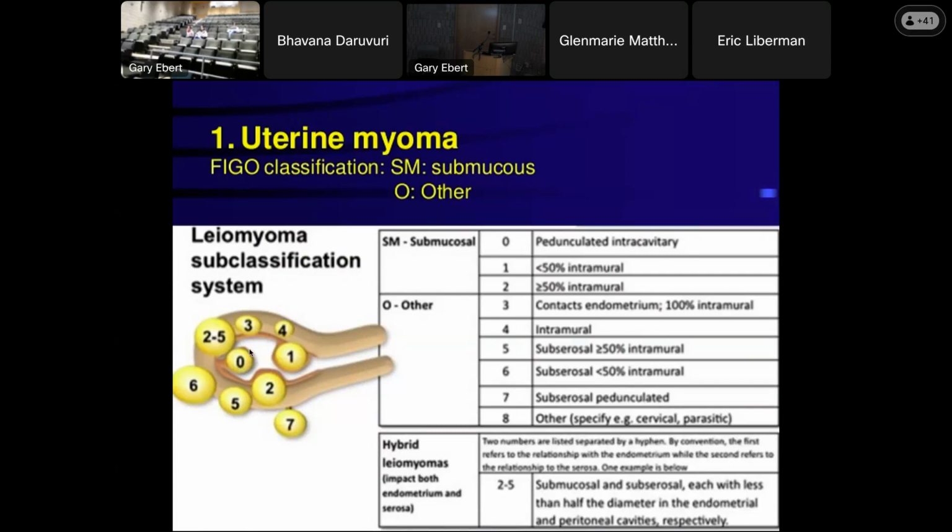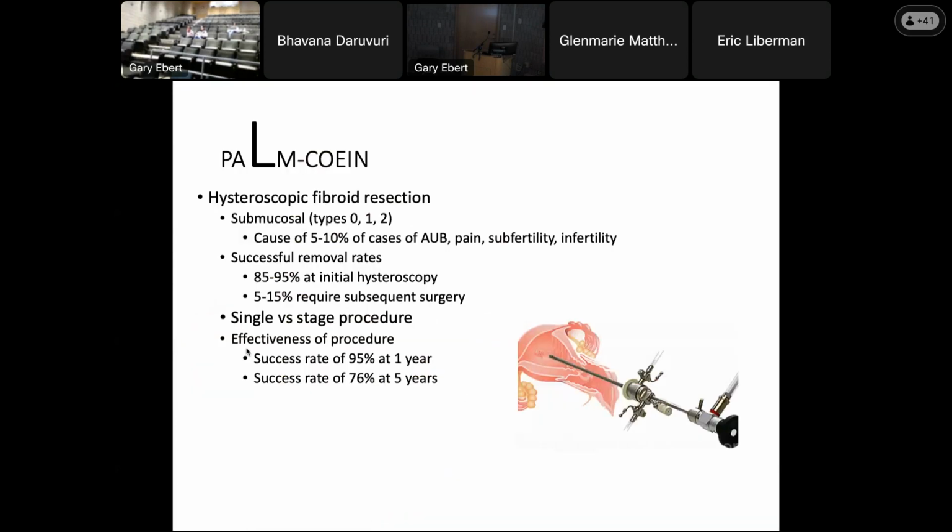Type 1 is when greater than 50% is in the cavity. Type 2 is when less than 50% is in the cavity. It's important to know this going into the case, so you're able to counsel your patient on your ability to successfully resect the fibroid, depending upon whether it's type 0, 1, or 2.